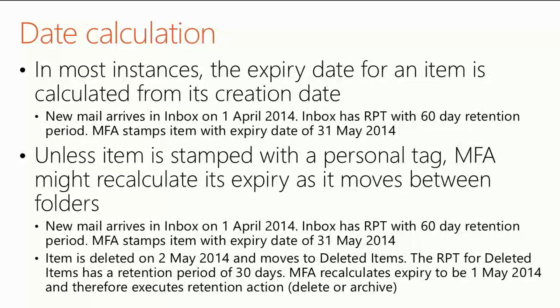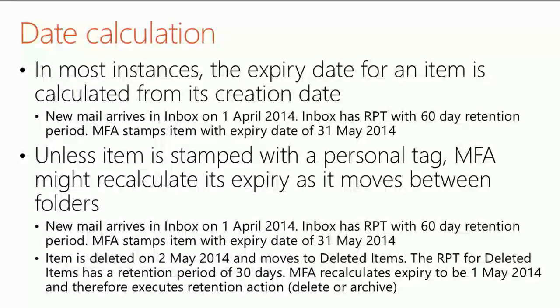So let's take a scenario. I have an item in my inbox. The tag for the inbox says delete after 30 days. MFA processes the inbox, stamps that item with a retention period of 30 days forward. Okay? I now apply a personal tag to the item, which says don't delete, or delete after 5 years.